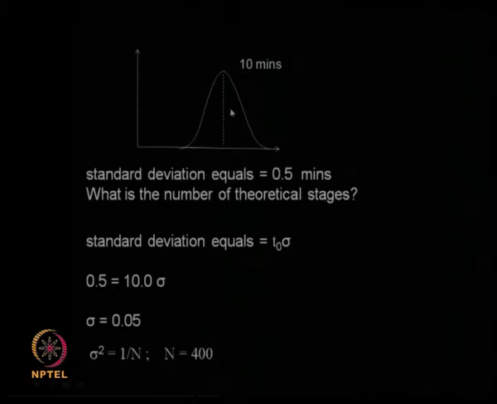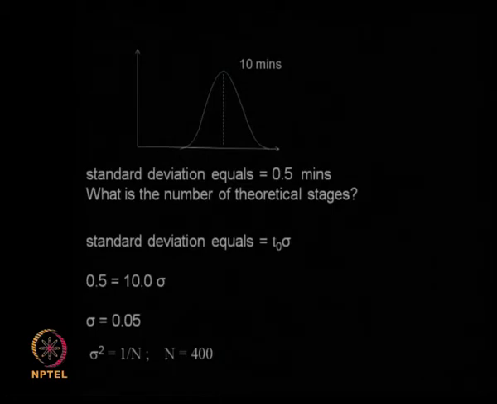So when I inject a sample and I get a beautiful sharp curve, then I can be sure the theoretical stages are large. If I am getting a broad curve, then I can be sure my theoretical stages are less. So by looking at the shape of the curve that is eluting out, we can tell what type of column it is, how effective the column is.